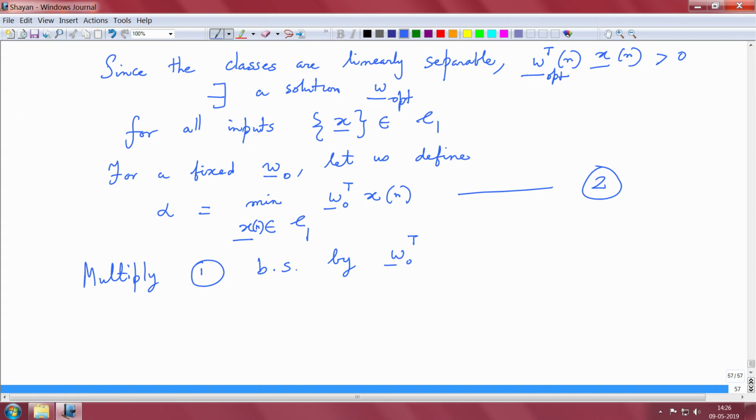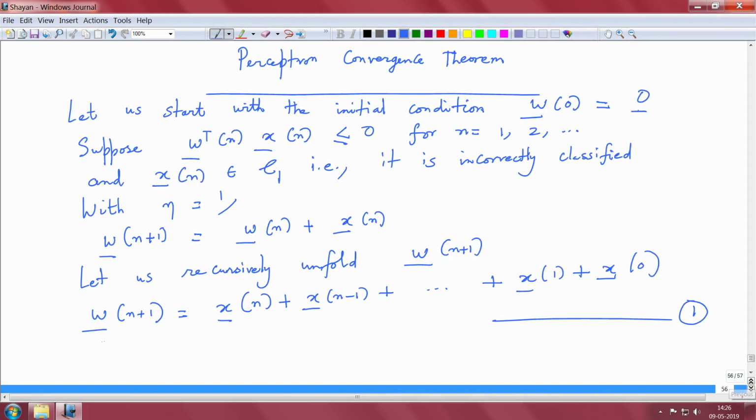So deliberately the time index is not there for the optimum hyperplane. Looking back at the previous slide, we have this equation.